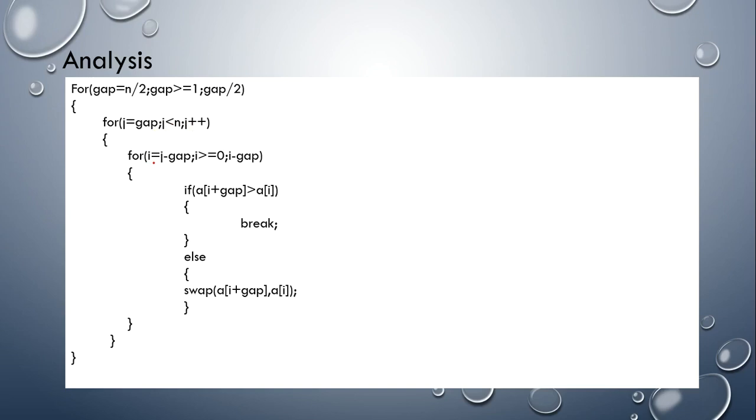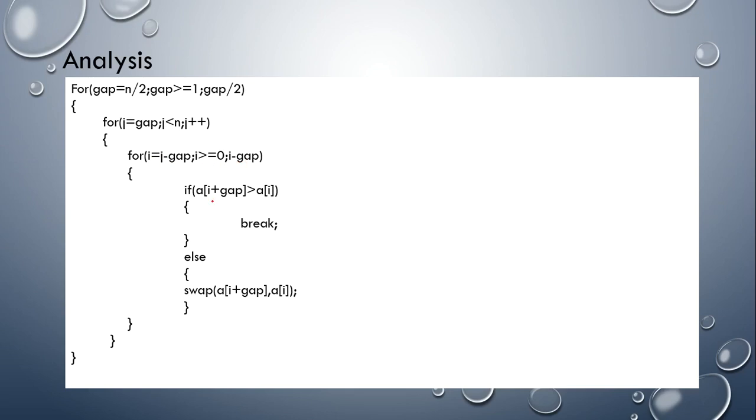And what is the use of the i loop? Now the i loop is not incremented until the last value of n, but only up to the value of j. In the first position we see that the gap value is 4, then i is incremented up to 4, not after 4, that is 5, 6, 7 and up to the last. So i is equal to j minus gap, i greater than or equal to 0, and i minus minus.